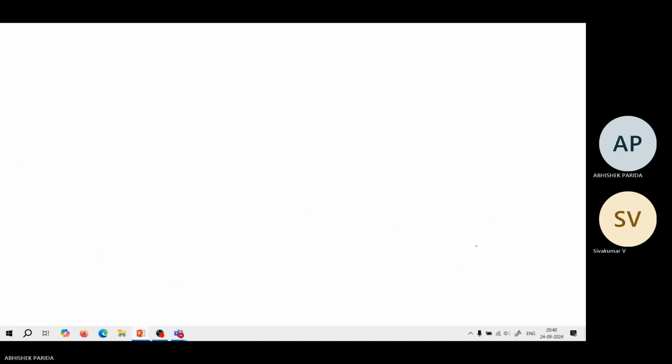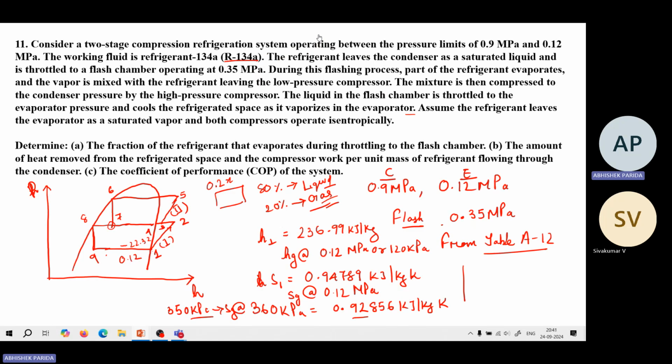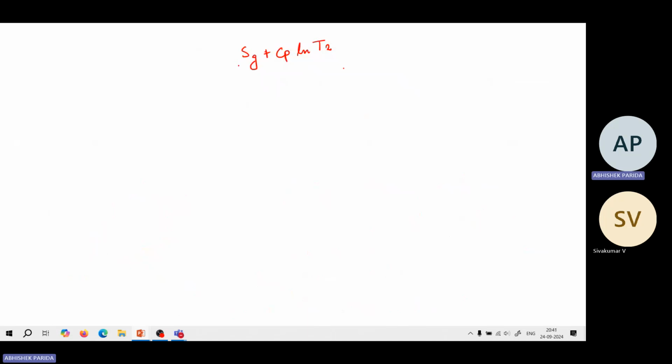So find out Sg plus Cp ln of T2 by T saturation at 350 kilopascal. Now for this, you have to take the value of Cp.